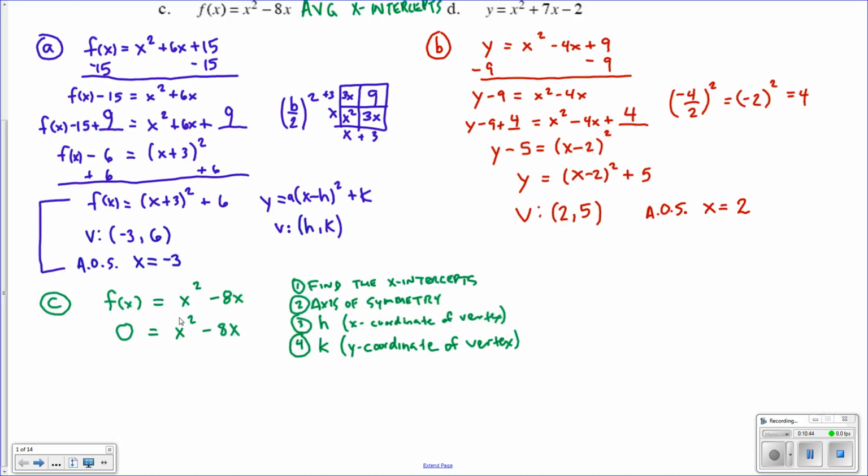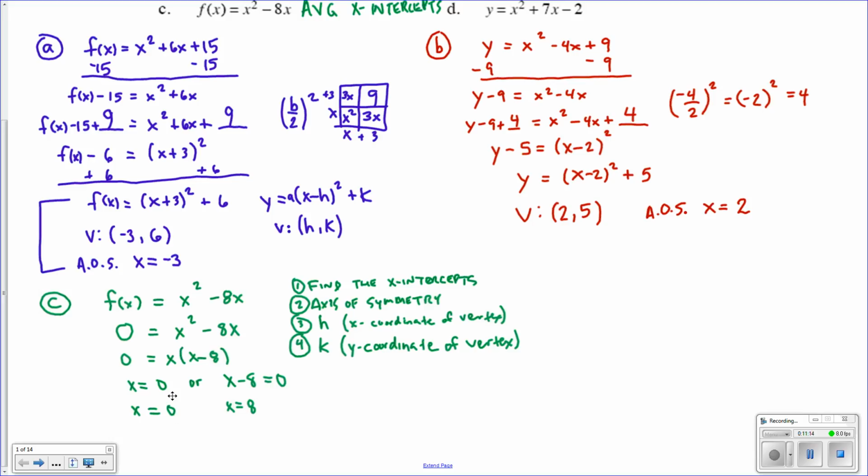So let's do it here. We're finding the x-intercept, so we've set it equal to 0. This should factor, so we're going to have x times the quantity of x minus 8 equals 0. Now we can use our zero product property, so we know that x equals 0, or x minus 8 is going to equal 0, in which case we get x equals 8, or x equals 0.